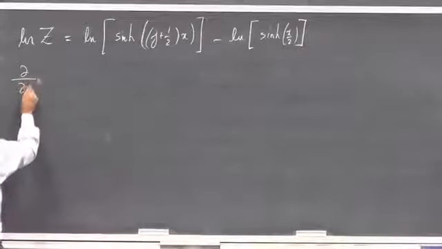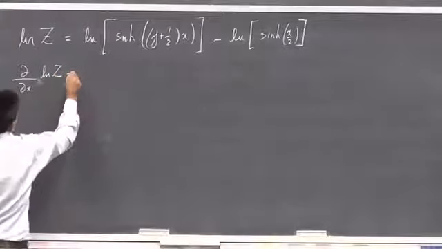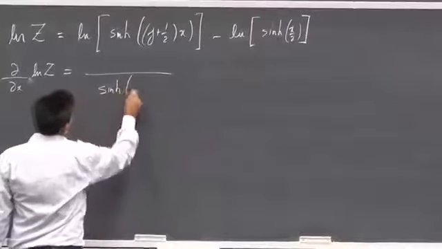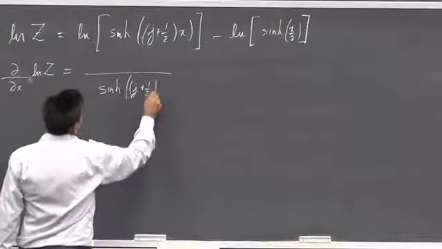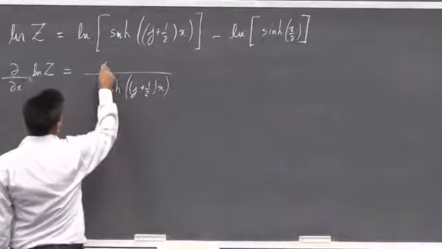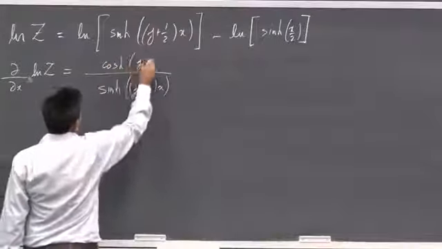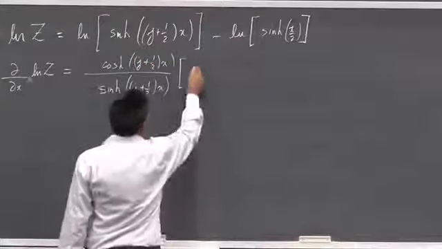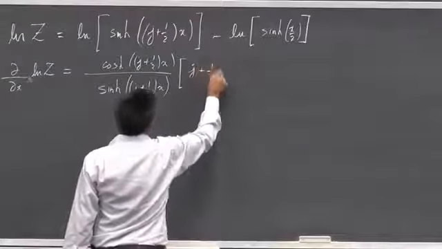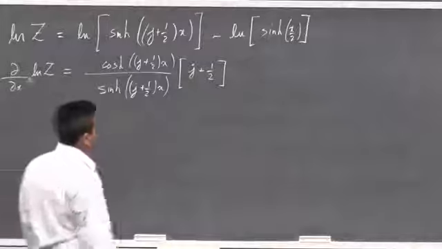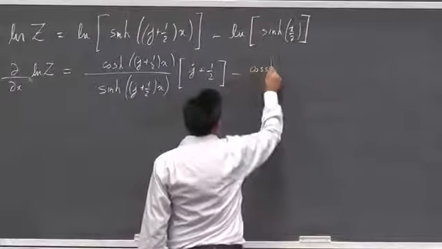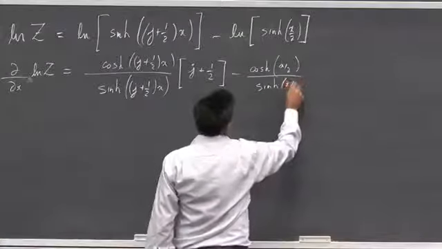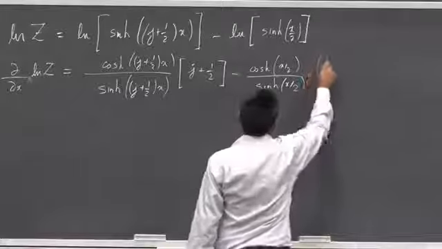The derivative with respect to x of the natural log of z is sinh of (j plus half) x. The derivative of this is cosh of (j plus half) x, and multiply this with (j plus half), minus cosh of x over 2 divided by sinh of x over 2, into 1 over 2.